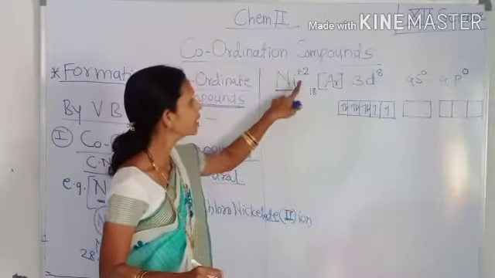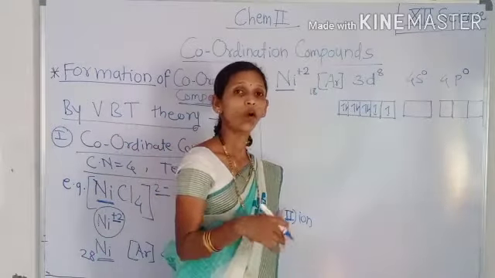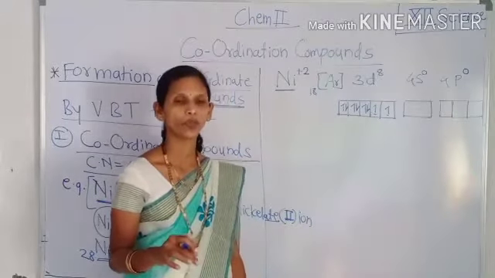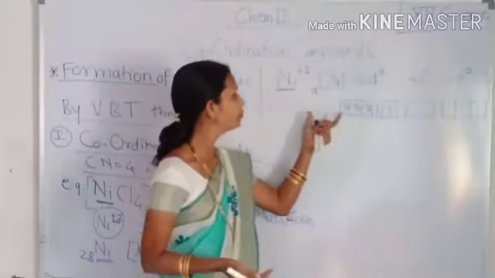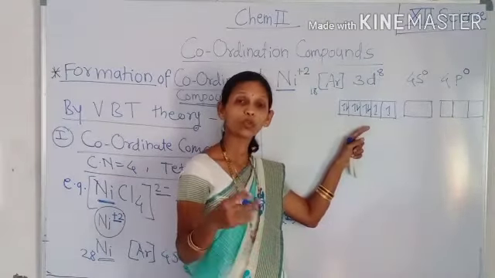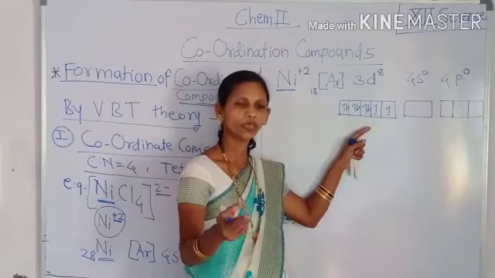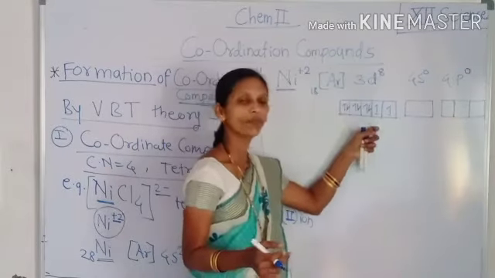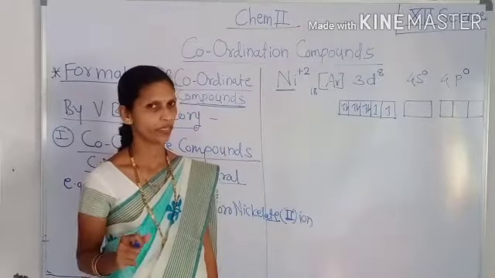Then the Ni2 plus ion provides vacant orbitals, whether s, p or d orbitals, to the ligands. But before providing the vacant orbitals to the ligands for formation of coordinate bonds, first of all these orbitals of the central metal ion undergo hybridization.